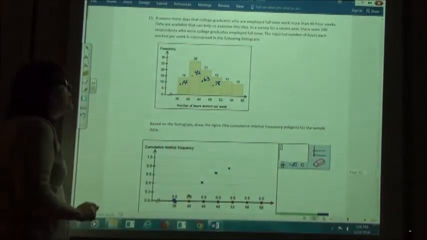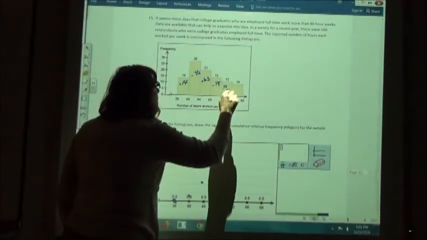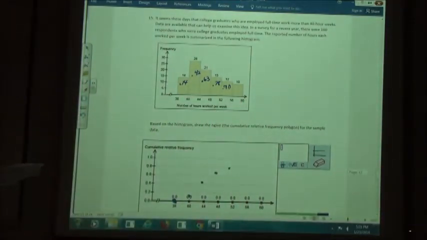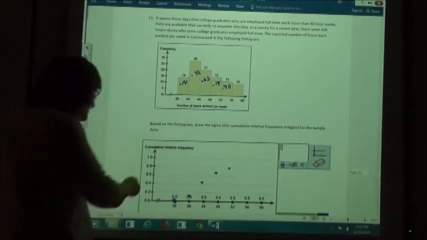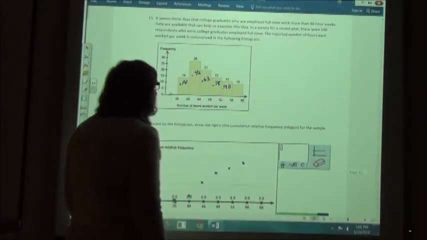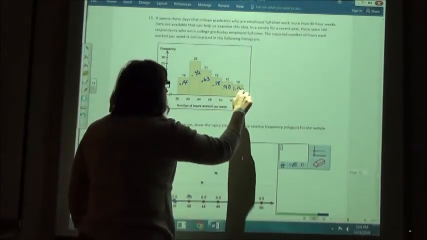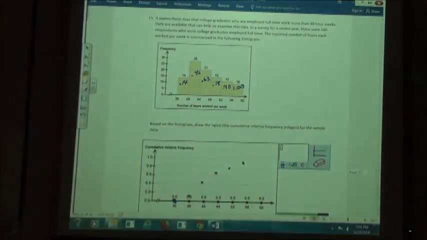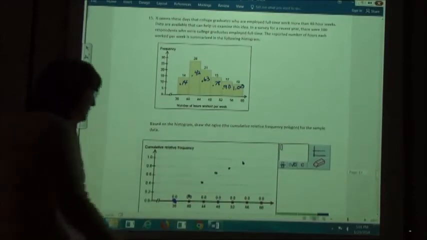The next one, we're going to add 12, so we're going to have 90. 90 is going to be halfway between our 0.8 and our 1. And then the last one, we're going to get 100, so it's going to be right on the 1.